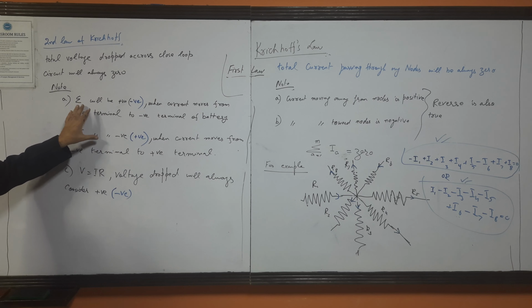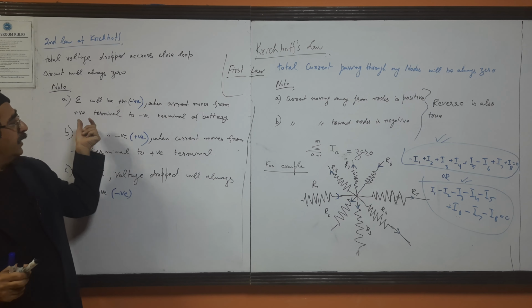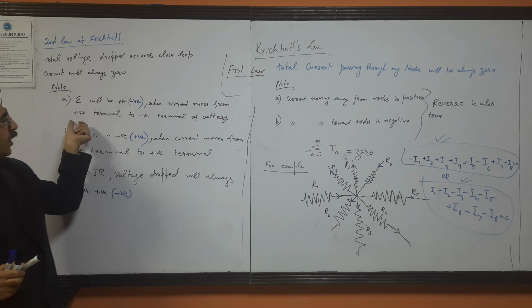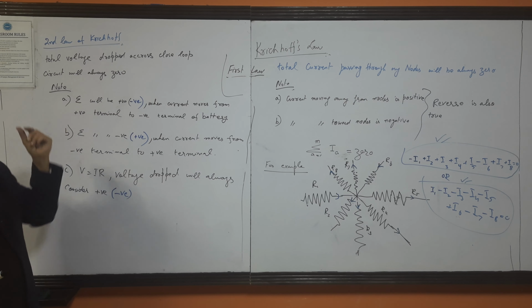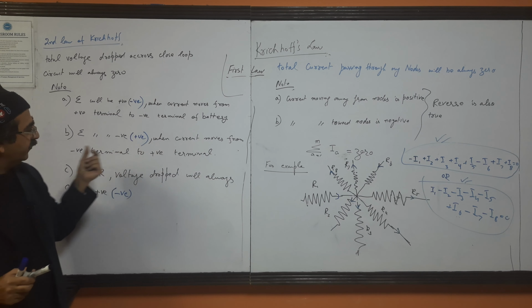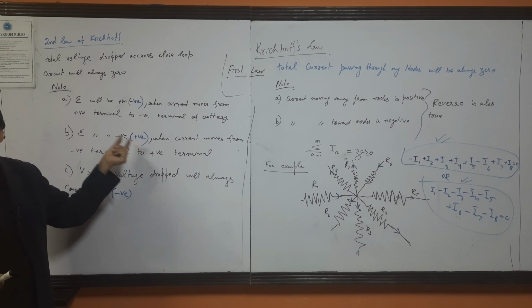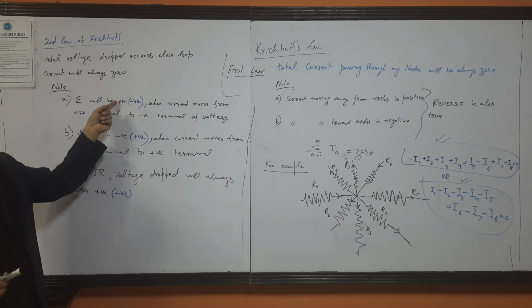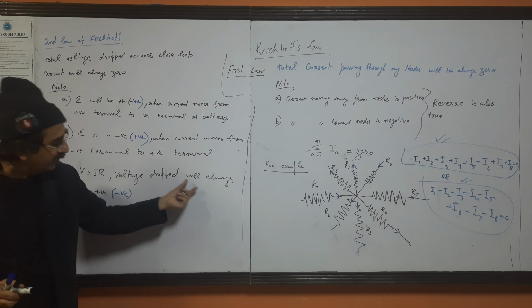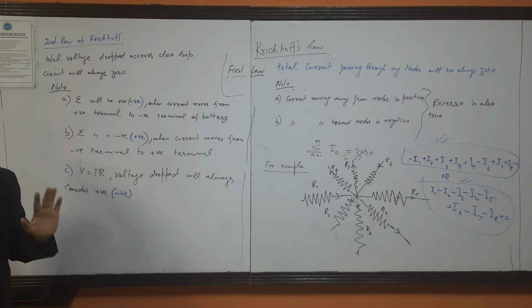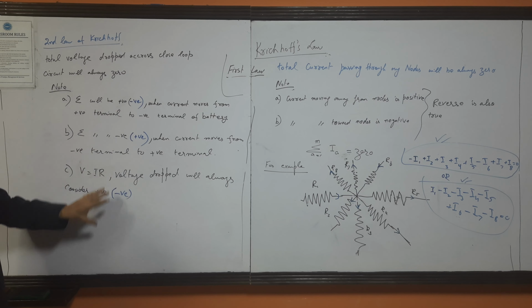Firstly, consider this. If the current is moving from positive to negative, we will consider it positive. If we consider the current from negative to positive, it will be reverse, that will be negative. And voltage drop will always be considered positive. So for black, this is true. For blue, this is true.